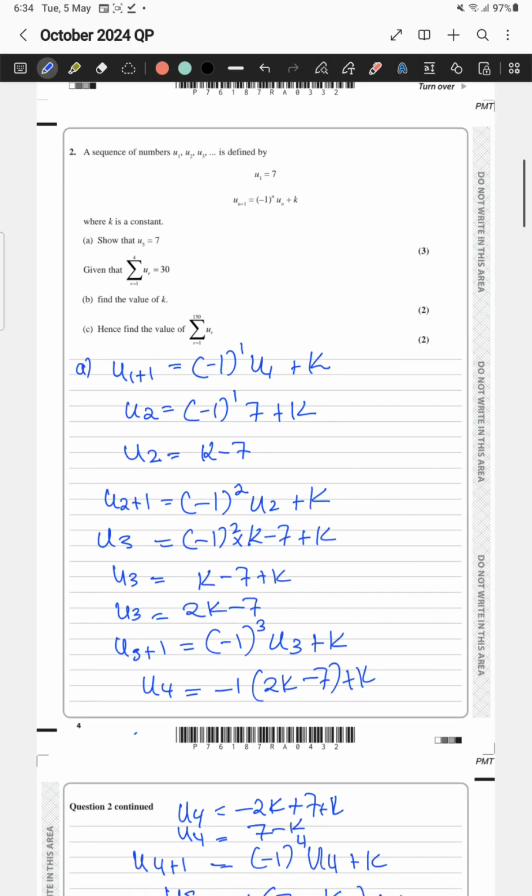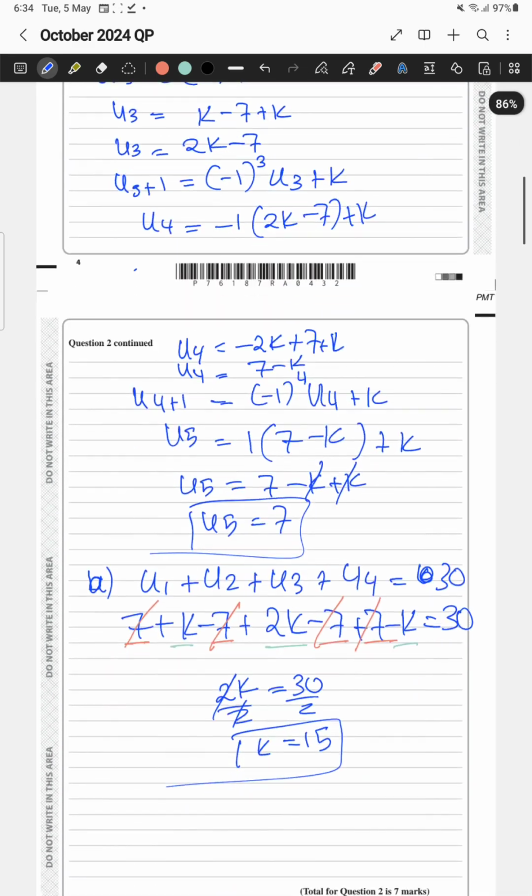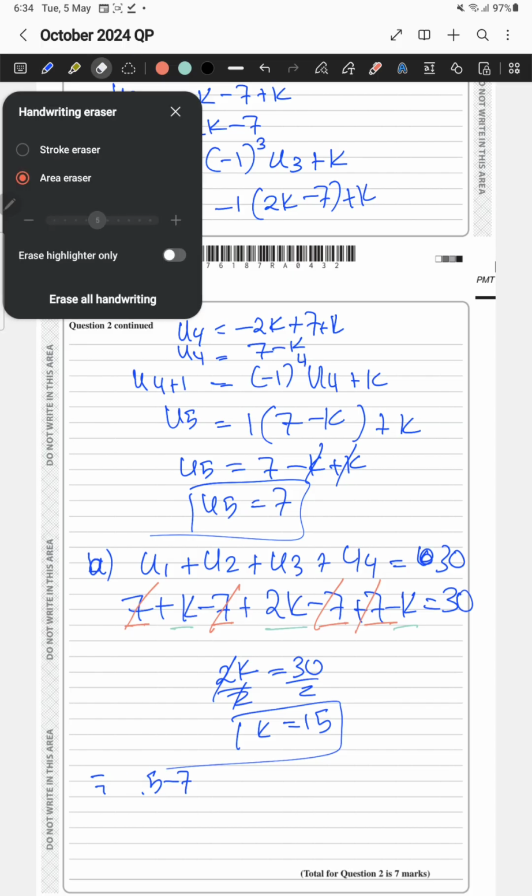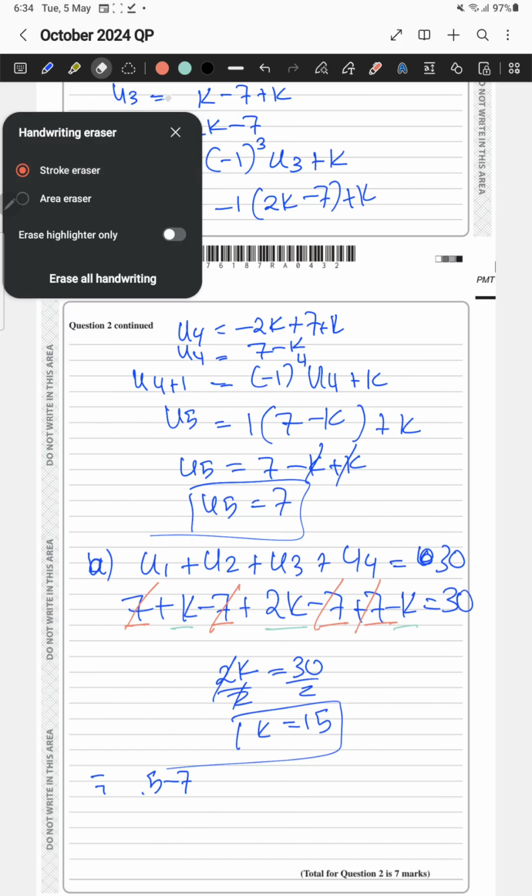Now it asks us to find the sum to 150 terms, r is equal to 1. So now let's put the k value into u1, u2, u3 and see what pattern we are getting. Let's determine the pattern of the sequence.